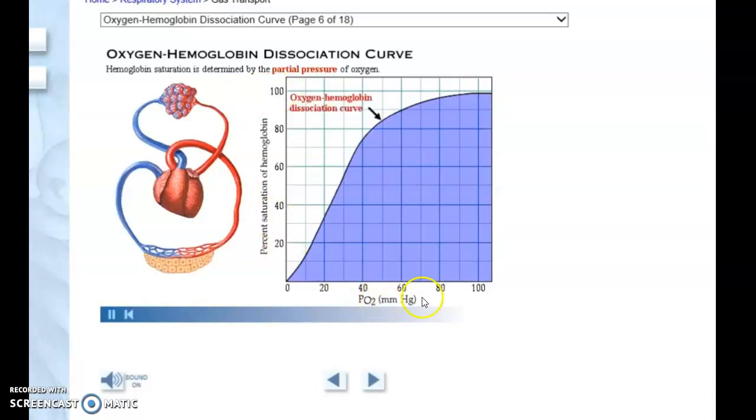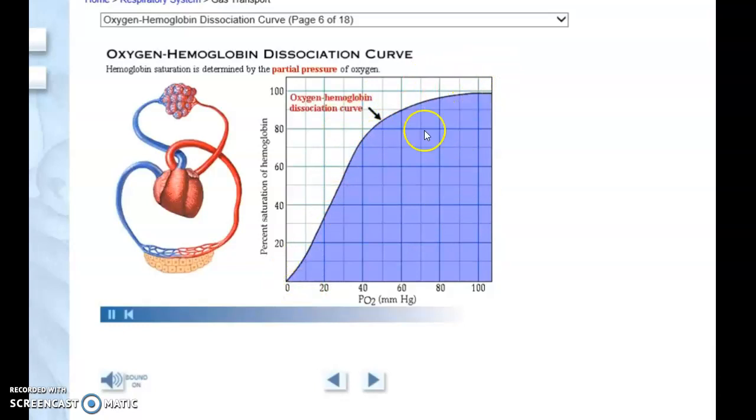And then we have the partial pressure, which we know in the alveolus is 104. But in a typical resting cell, the partial pressure may only be 40, and in the blood, I should say, the partial pressure also was just 40.